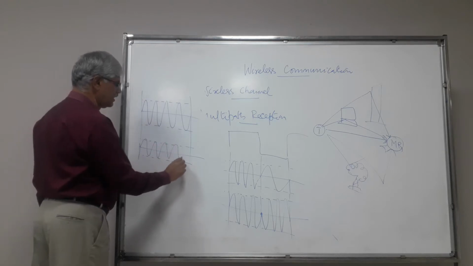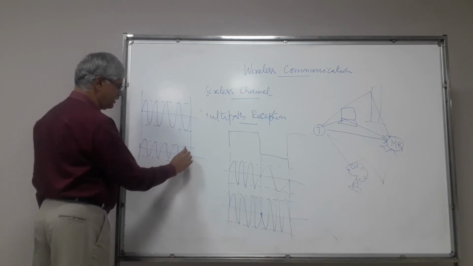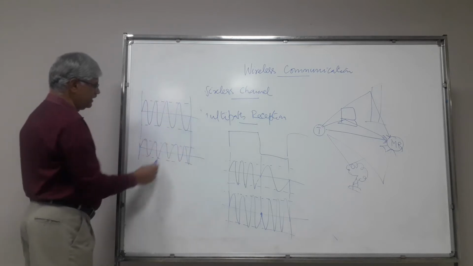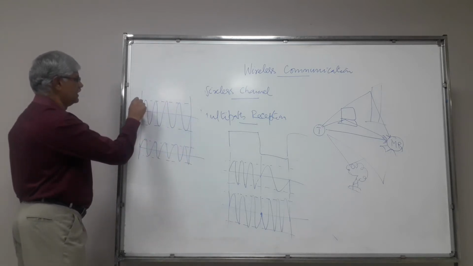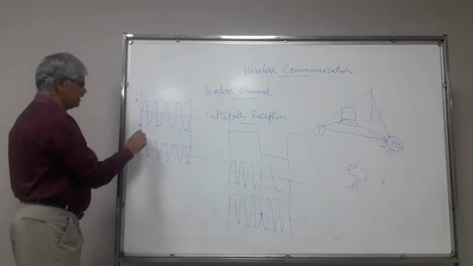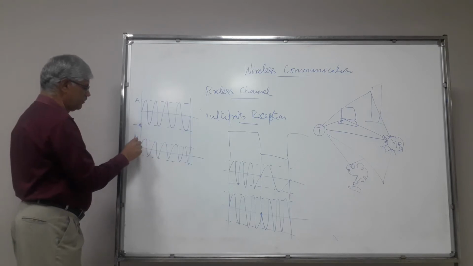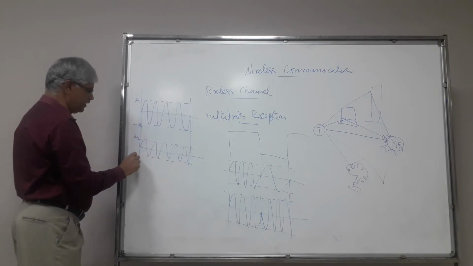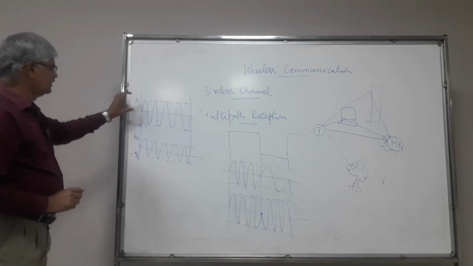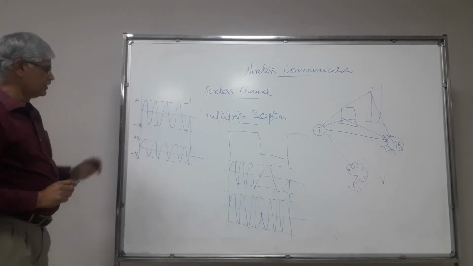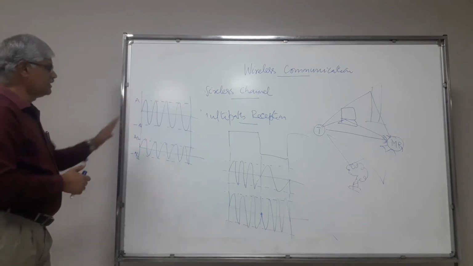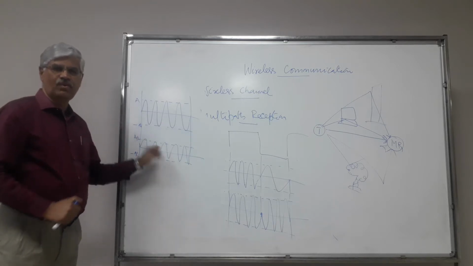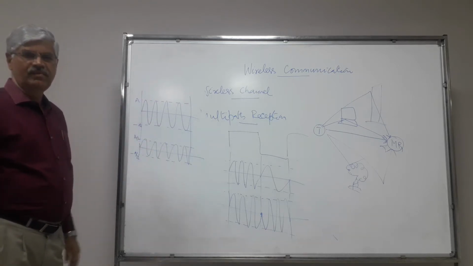Same thing, sorry, my drawing may not be that appropriate, but the same thing, reduced amplitude. This is, say, A minus A. This may be A by 2 minus A by 2, let us say. So, A was transmitted, A by 2 was received. No problem. If this is the case, then we know how to amplify and then deal with it.